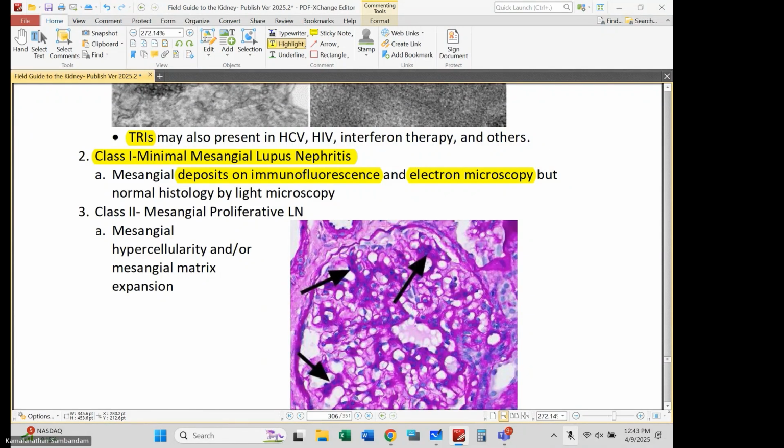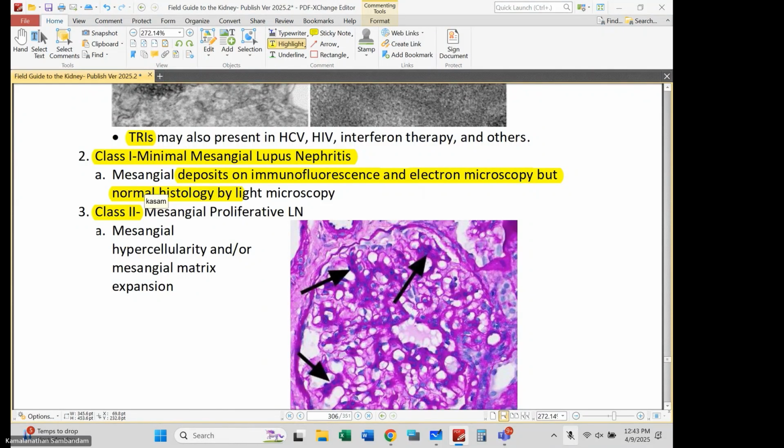But once again, the light microscopy is normal or only very mildly abnormal. The earliest finding is in the mesangium once again. Again, you can't see a totally normal kidney. The only thing that I'm seeing is on immunofluorescence and EM, I'm seeing immune deposits that are present. That would be your class 1 lupus nephritis. Jumping ahead, we don't typically treat those. Okay, because they have good prognosis.